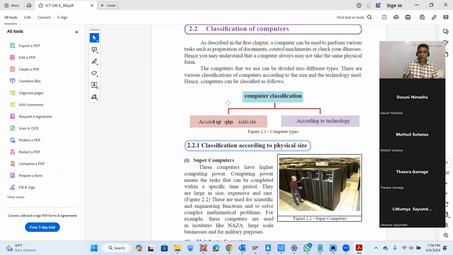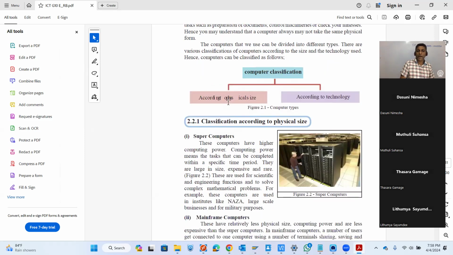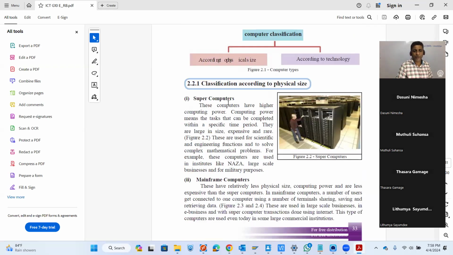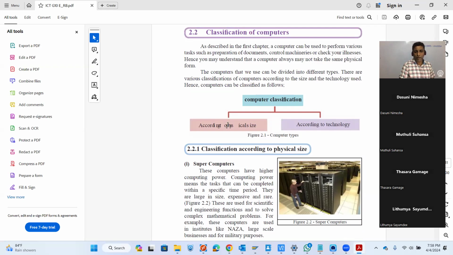Let's see what computers are available. We can basically divide them into two categories: according to the physical size of a computer, and according to the technology used. They have introduced these two main classification criteria. First we'll see classification according to the physical size.